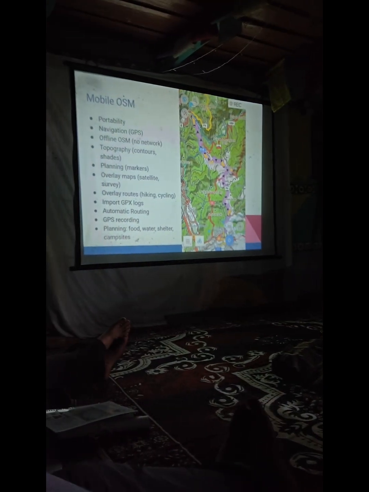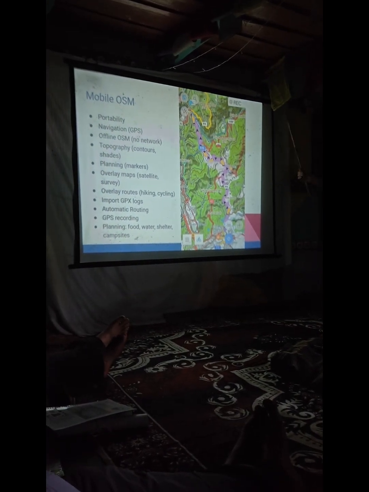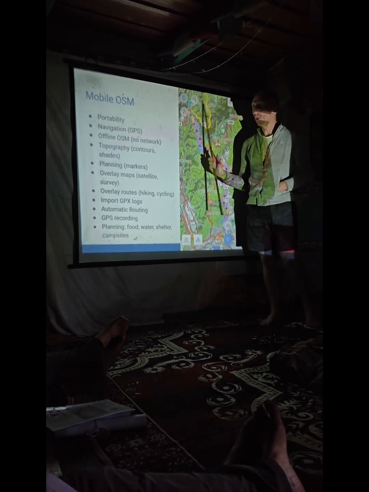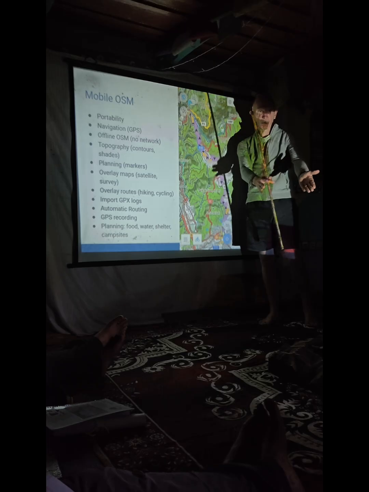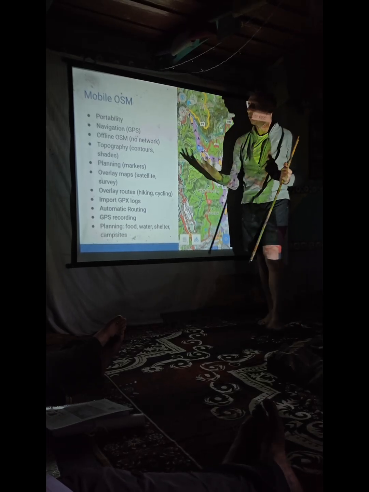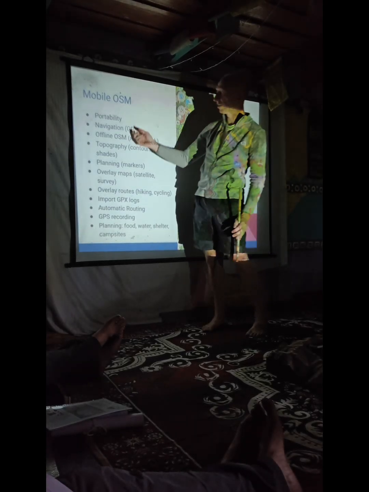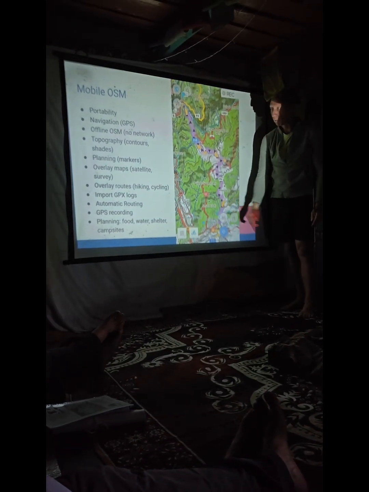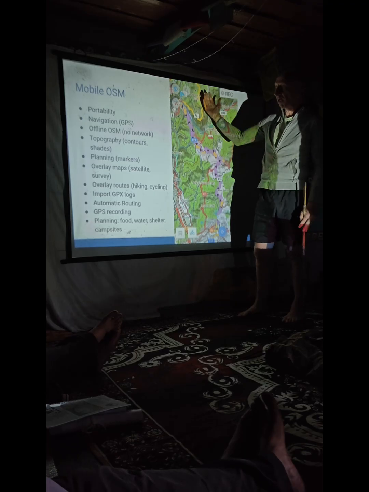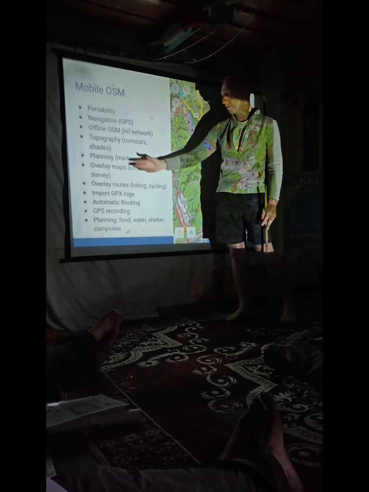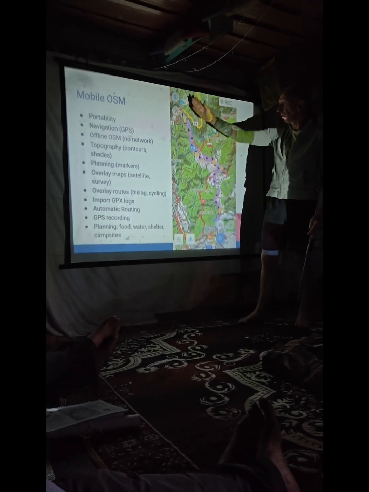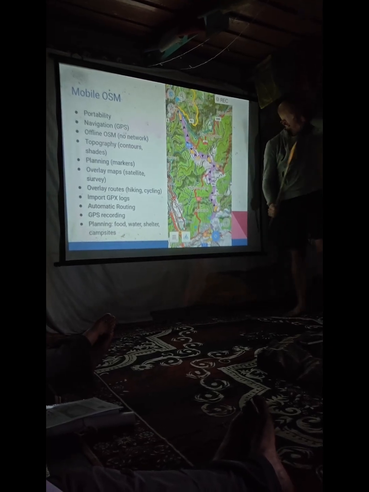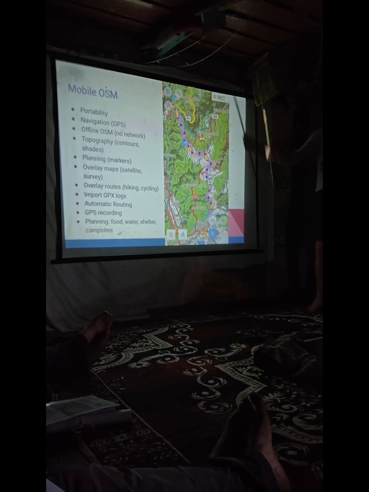Next. Voila. So OpenStreetMap is a Swiss knife, you can say, for hiking. We have portability, right? We cannot carry a laptop, or I cannot carry this 3D model. No, I have an easy to carry phone. It has a GPS receiver, which shows my position, the blue dot. I have offline maps, I have offline contours. I can plan something, I can even route, right? Just like you route from here to the bus stand, I can use OSM to route via a trail automatically.